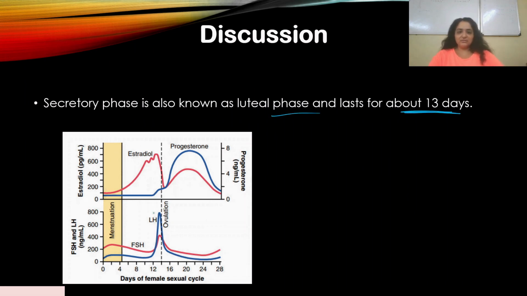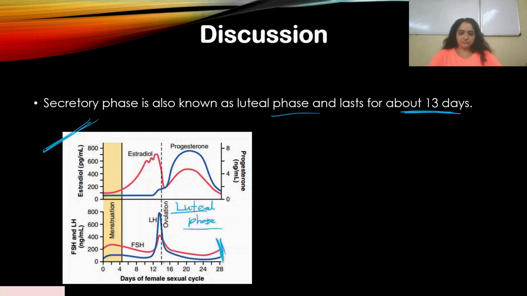So this diagram is a very accurate diagram for the menstrual cycle or the ovarian follicle cycle. Ovulation has happened now, so this is the luteal phase, till the end of the cycle.